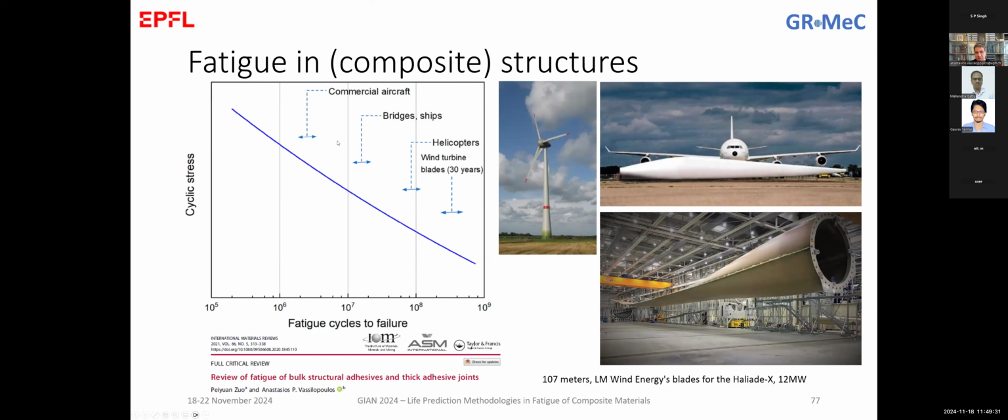And these are composite structures, and these composite structures should be able to sustain these loads. And the way that we do it today is, unfortunately, by adding quite significant safety factors, which means that we are over-designing these structures, which means that they are not functioning properly, and they are more expensive.